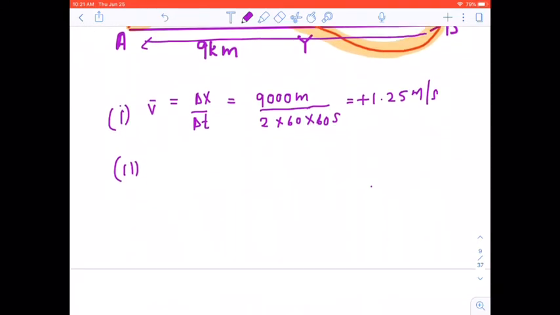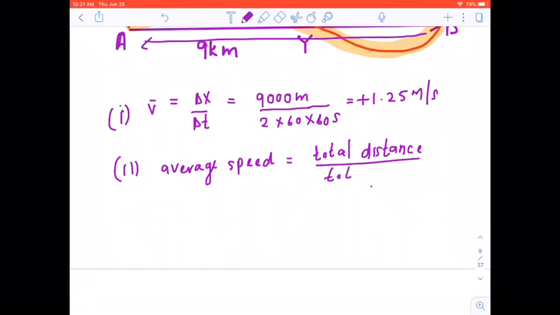So the average speed of the runner is equal to total distance divided by total time.